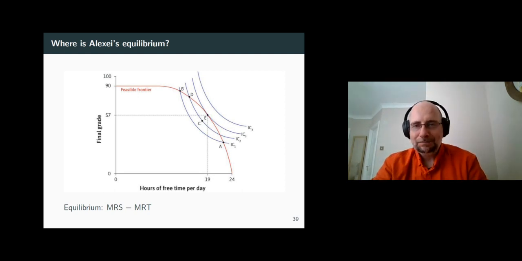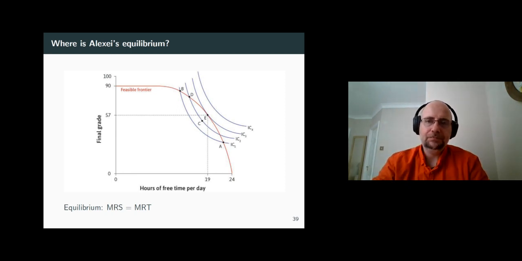At the same time, the slope of the feasibility frontier is called, right, the marginal rate of transformation. As the two slopes are equal at this point, we have an equilibrium result that in point E, it is true that the marginal rate of substitution is equal to the marginal rate of transformation.